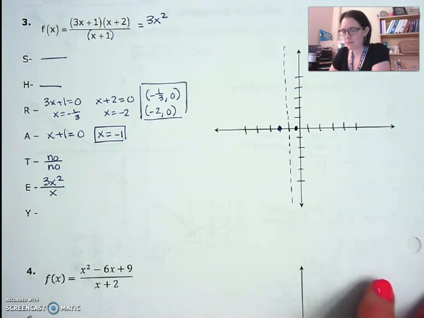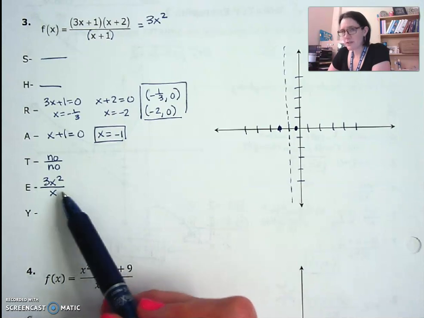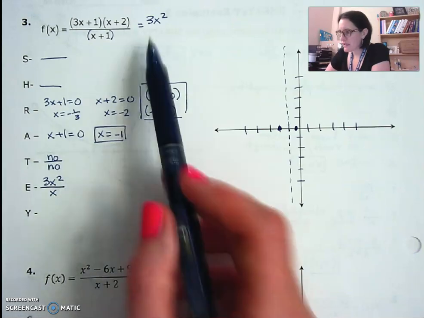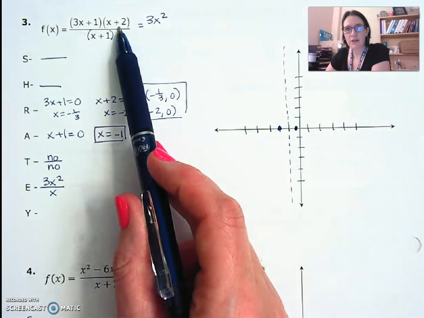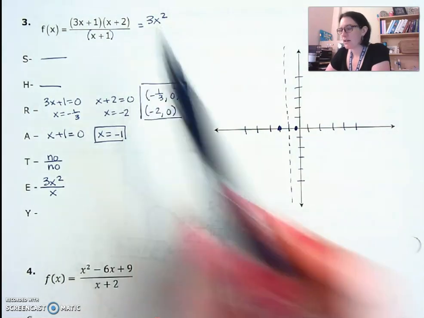find my oblique asymptote. Now, in a different situation where it's balanced or bottom heavy, I don't need to finish foiling this out. All I need is my first term for that information.